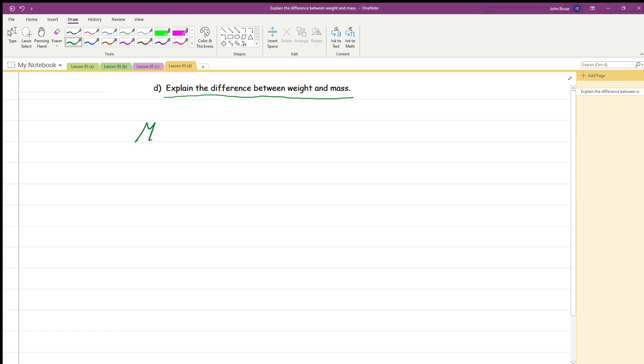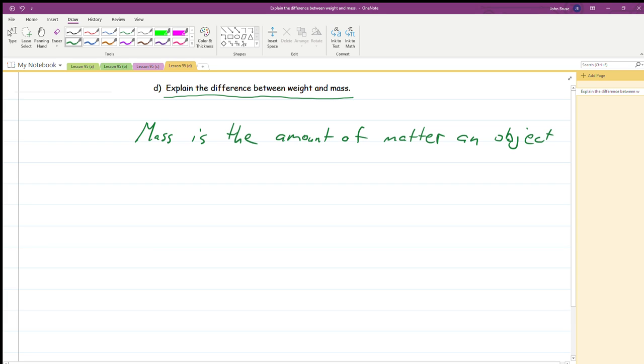So mass is the amount of matter an object has.